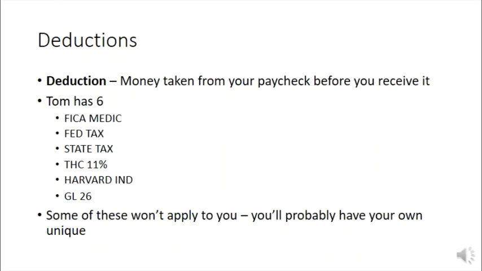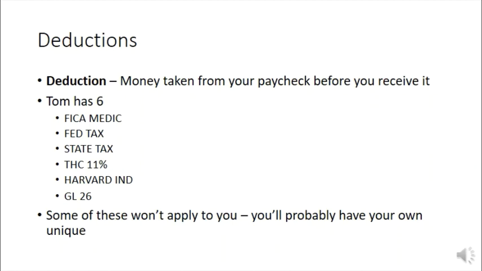What are deductions? Deductions are money that's taken from your paycheck before you get your paycheck. Tom has FICA, which is Social Security and Medicare, federal tax, state tax. We can see he has his health plan and his insurance. Some of these are unique and might not apply to you.